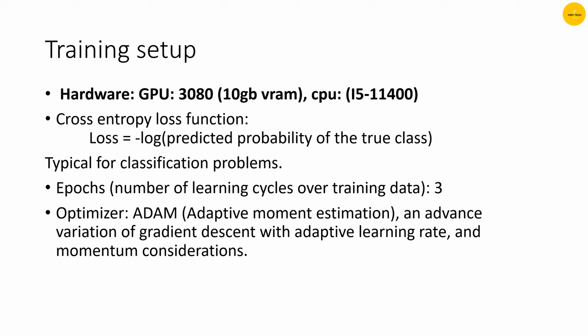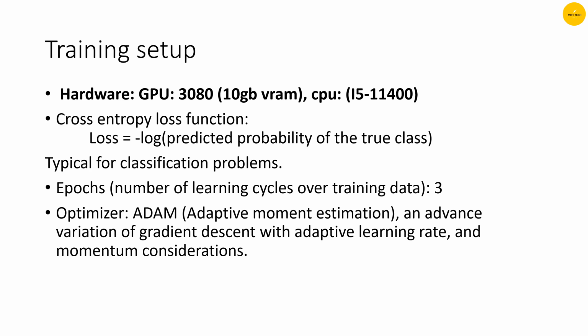As shown, the loss is calculated as the negative logarithm of the predicted probability of the true class. This loss function is a standard and highly effective choice for classification problems, especially when dealing with multiple classes like our 101 food labels. We trained our model for 3 epochs.